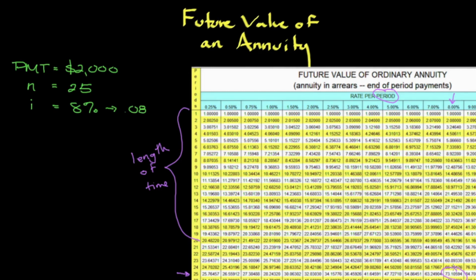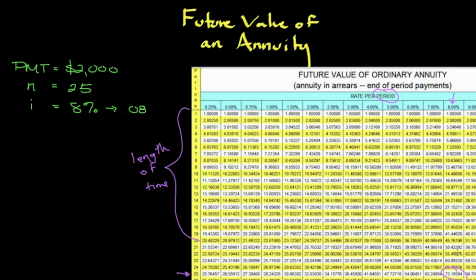73.10594. Now, if you remember from the previous video, after we performed all the calculations in the bracket, we got to a very similar number. It was actually 73.1059. So we just didn't go the extra decimal place, if you will.